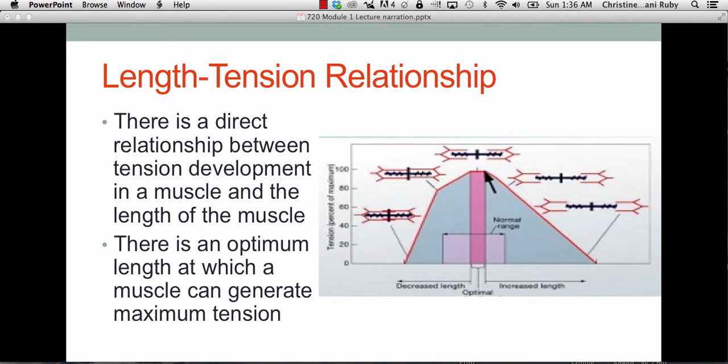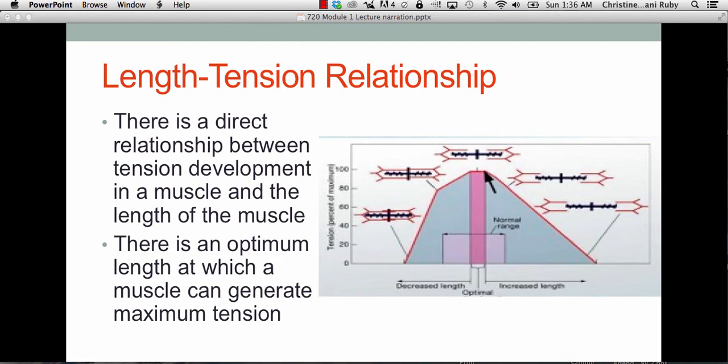Length-tension relationships are another thing that we'll discuss with the idea of human movement. When we look at a muscle, there is a length that it lives at and a length that it functions at, a length that is most effective for it. So muscles change length according to the position that we spend most of our time in. So if someone spends a long time in sitting, we may find that their hamstring decides that, well, it really doesn't need all that length, so it'll shorten itself.